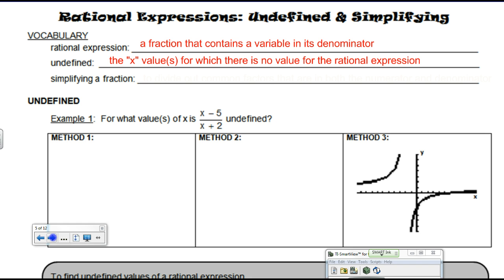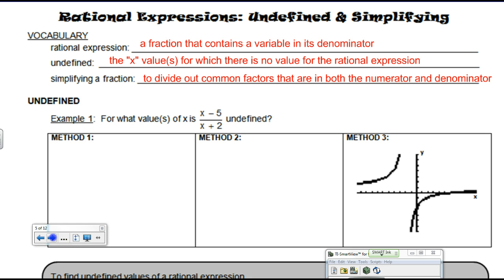So if you plug it in, it gives you an error message, basically. And simplifying a fraction means to basically factor or cross off common factors, reduce common factors in the numerator and the denominator. So to divide out common factors that are both in the numerator and denominator.